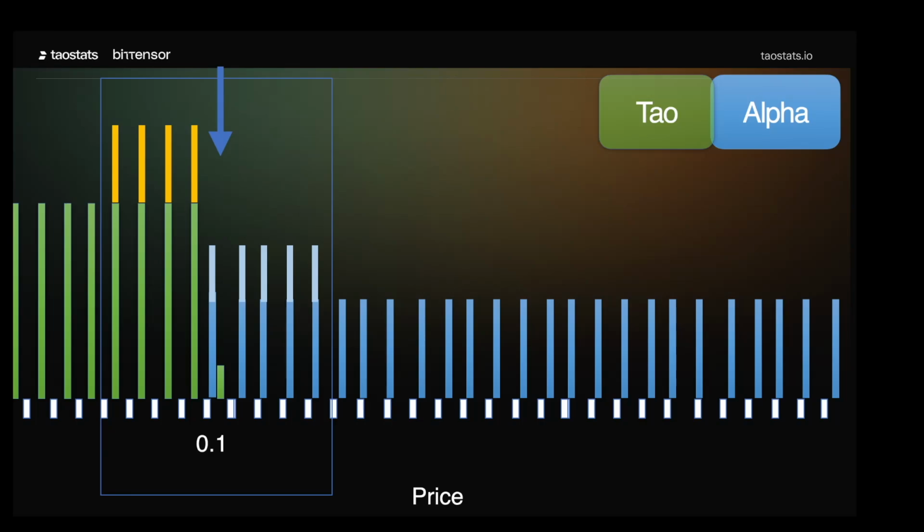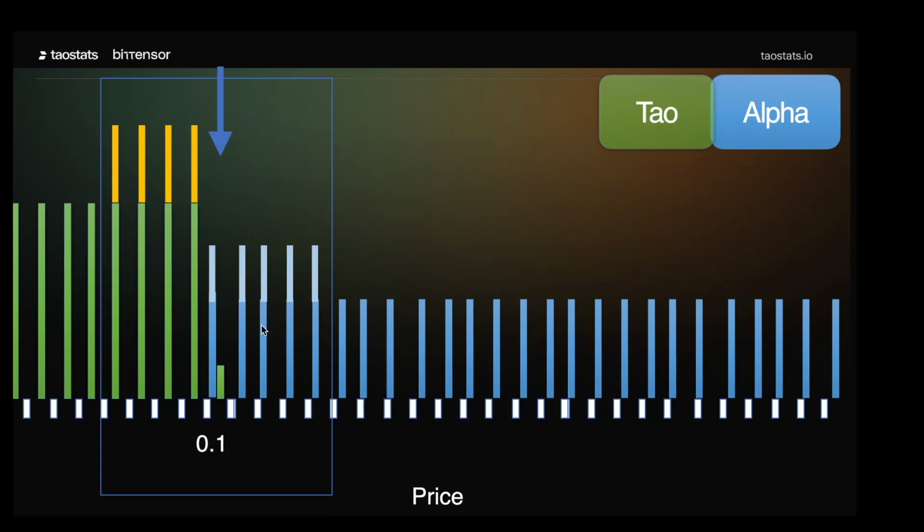But the new feature in Uniswap V3 is you can add liquidity. And so you set a position with a minimum and a maximum. And here I'm showing it in this box. And when you set that range, you then supply Tau and you supply Alpha into that liquidity pool. So you can see the bars have raised up. There's a little bit more Tau down here, and there's a little bit more Alpha up here.